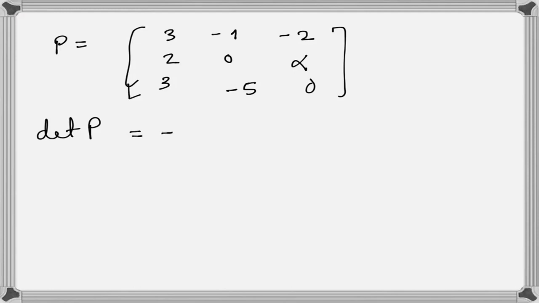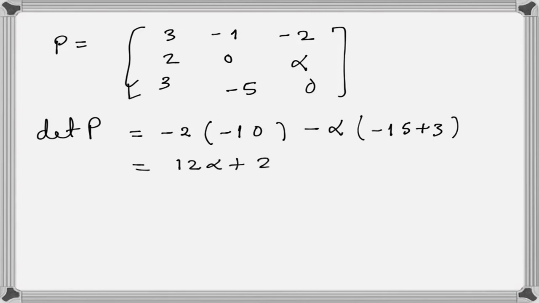So this is nothing but minus 2 times minus 10, and this will be 3 plus 2 5, so this is minus alpha times minus 15 plus 3, so we get 12 alpha plus 20.